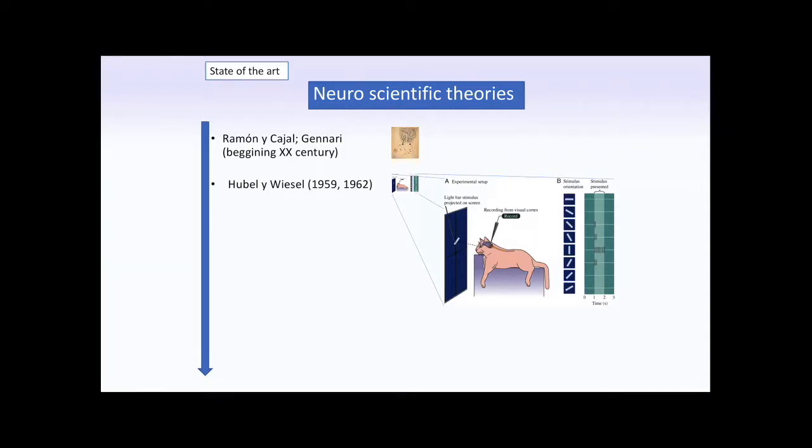Hubel and Wiesel in 1959 and 1962 discovered that in some part, in fact in the occipital part, you can record the stimulus orientation of an animal that is observing some input.